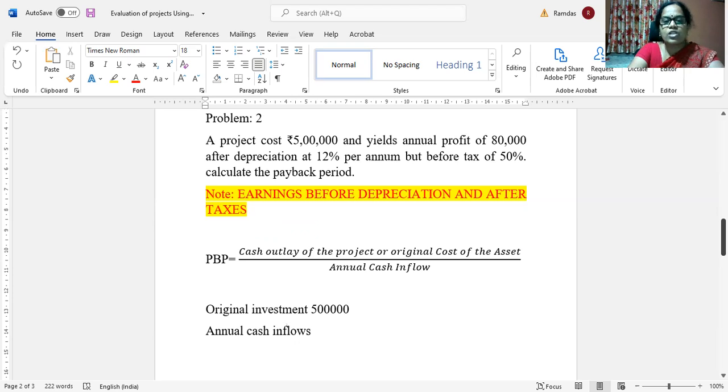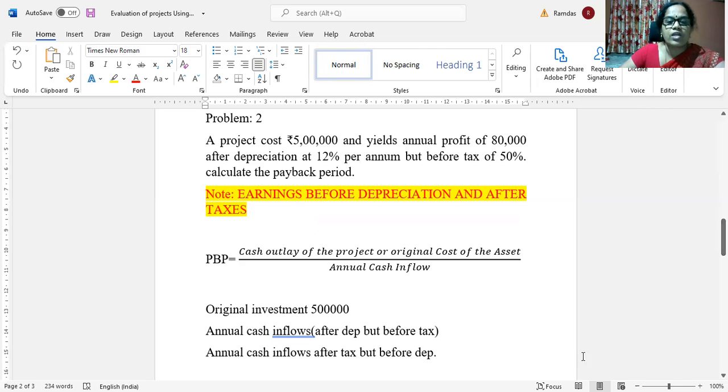In this problem, the cash inflows are given after adjustments, that is, after depreciation but before tax. But we require annual cash inflows after tax but before depreciation. So we are going to calculate the annual cash inflows after tax but before depreciation.